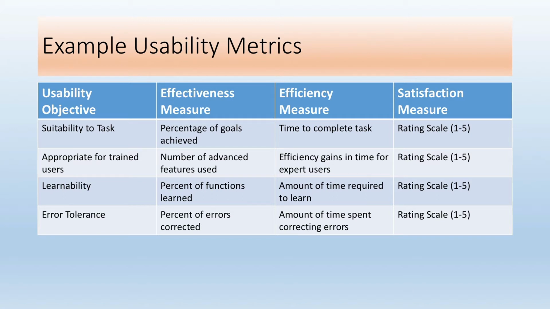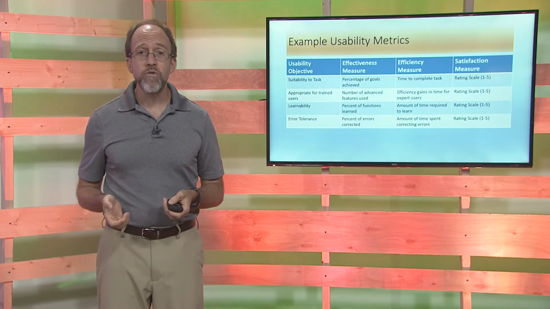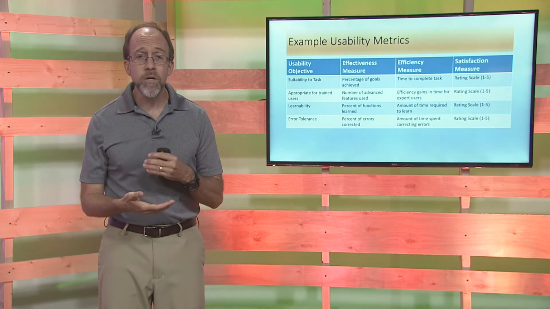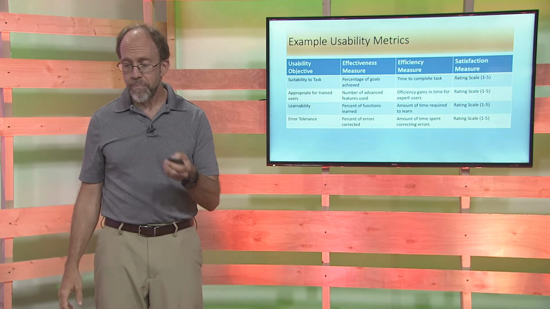I have a way of measuring these things, and I can measure where I am to where I would like to be when I put the system design together. And I know if I've improved. That is the important aspect of the assessment, that you can actually get some quantifiable data.